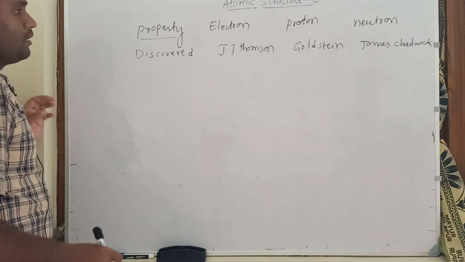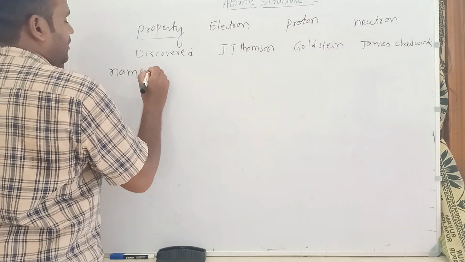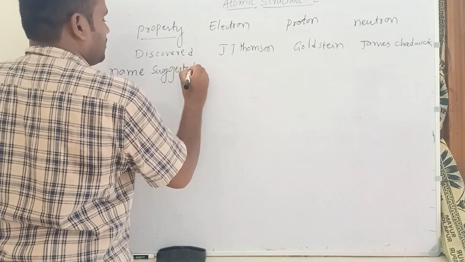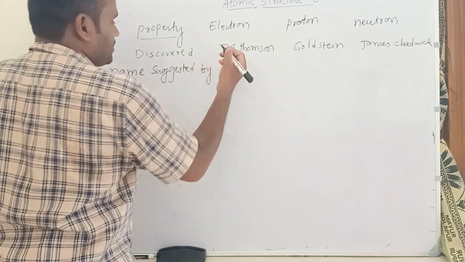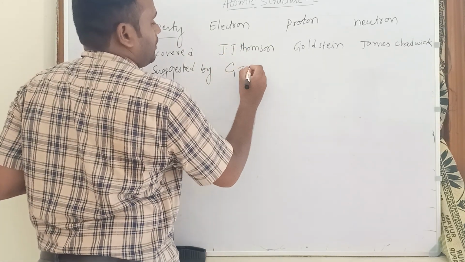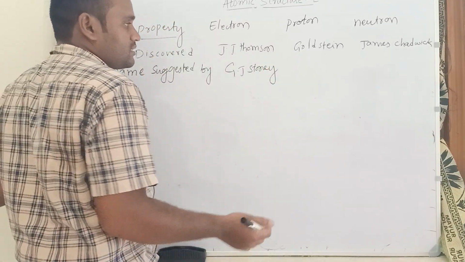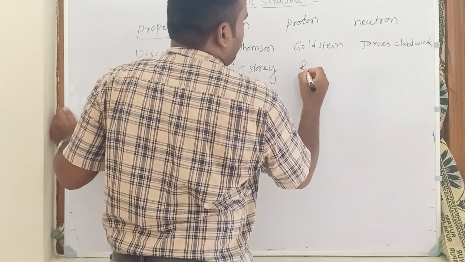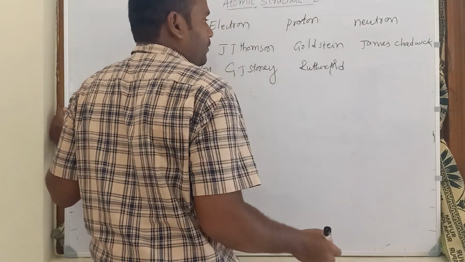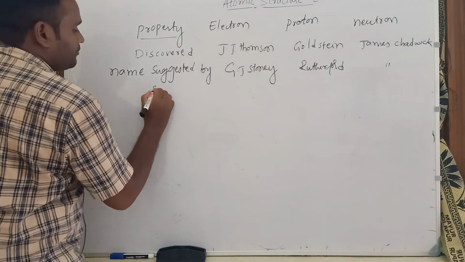Next, name suggested by: the name electron was suggested by G.J. Stoney, the name proton was suggested by Rutherford, and the name neutron was suggested by James Chadwick himself. Next, symbol.